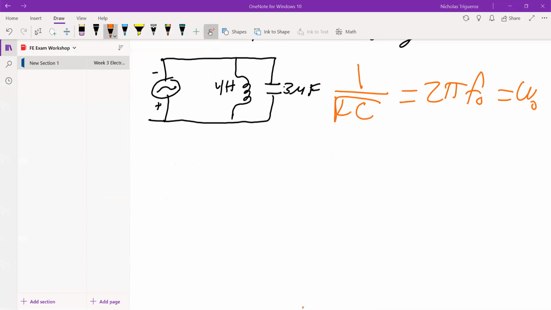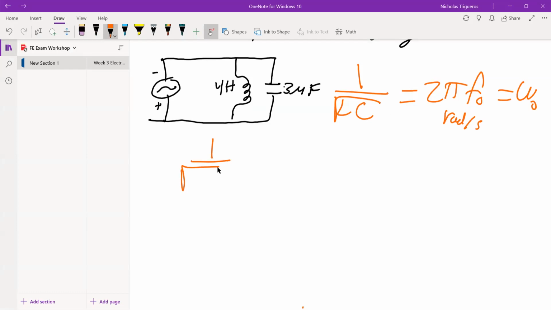Let's write that down. Check. Yeah, that's radians per second. All right, we have an L and a C. So technically, if we take 1 over square root LC times 1 over 2 pi, we should get our frequency. Yes, let's try that.